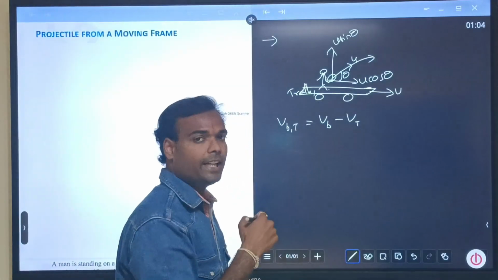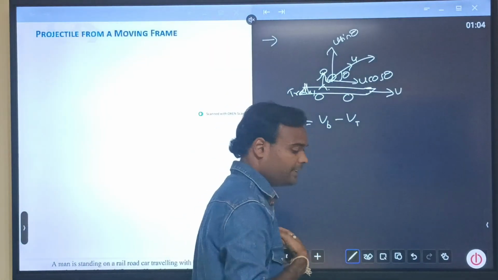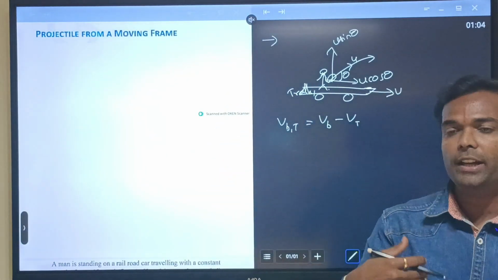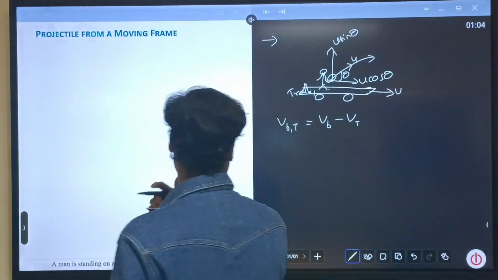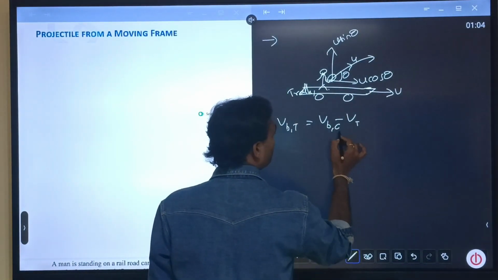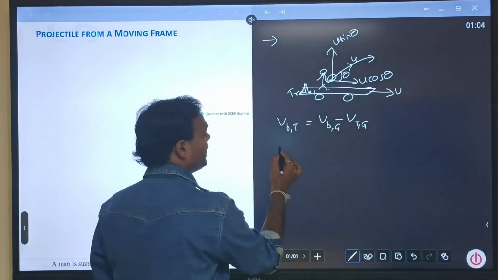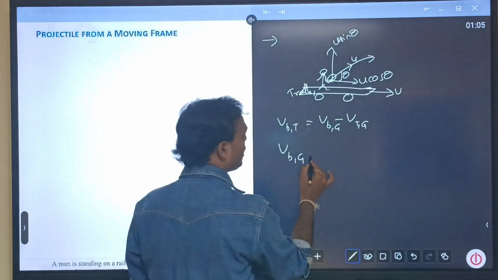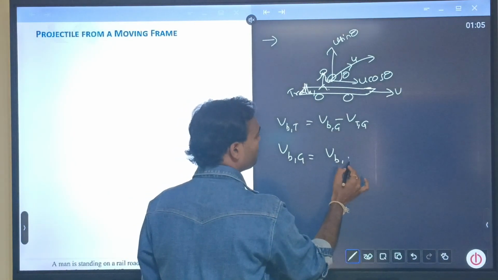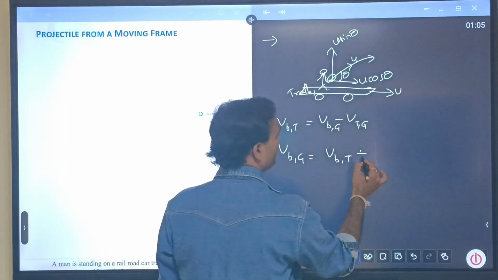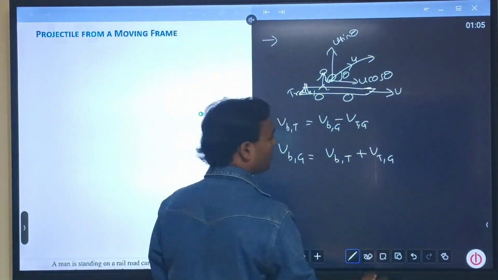And note here one point, which I had also explained in the relative motion concept, in one dimensional relative motion: this is with respect to ground, similarly this is also with respect to ground. Then velocity of ball with respect to ground is velocity of ball with respect to trolley plus velocity of trolley with respect to ground.